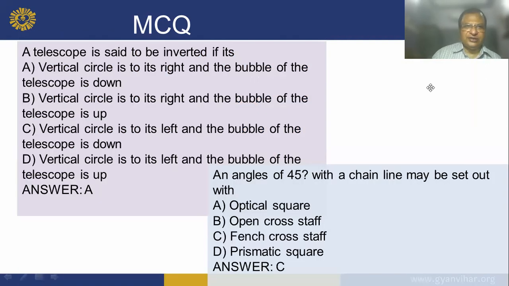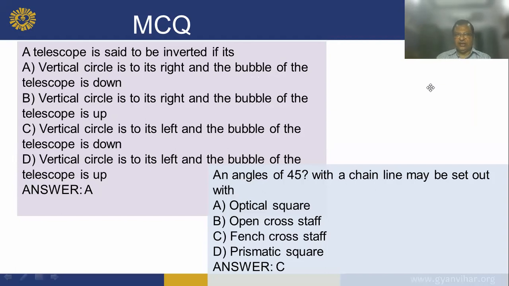Now next question, a telescope is said to be inverted when it is a, what is the correct answer? Correct is A, vertical circle is to the right and the face of the telescope is down.